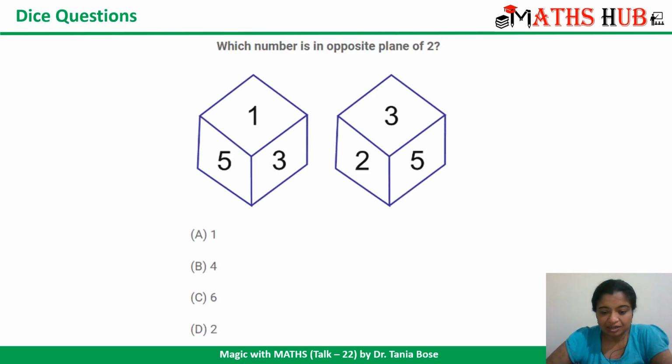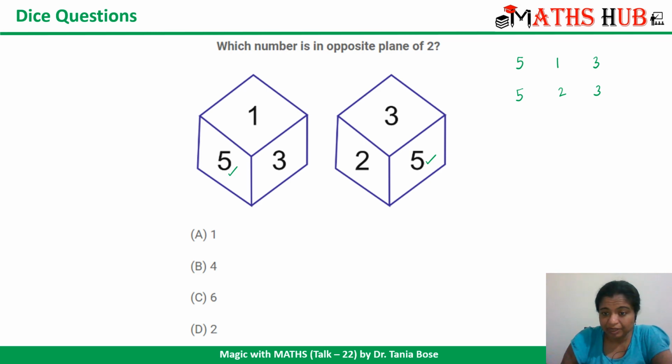So now it's just a recap, right? You have to tell me which number is opposite to 2. Here you can see that 5 is common. For the first dice, we start with 5 and in a clockwise direction we get the numbers 5, 1, 3. And in the second dice, we start with 5 and again in the clockwise direction it becomes 5, 2, 3, right?